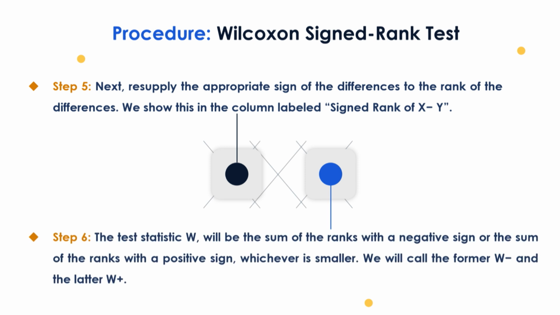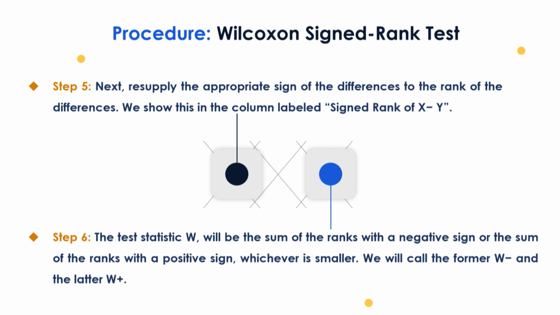Step 6: we have to calculate the test statistic. The test statistic is denoted as W, since this is the Wilcoxon sign rank test. It is the sum of ranks with the negative sign or the sum of ranks with the positive sign, whichever is smaller.